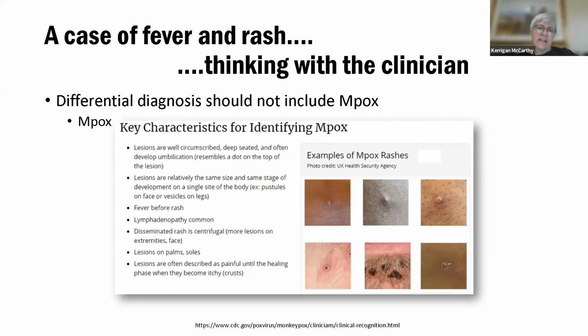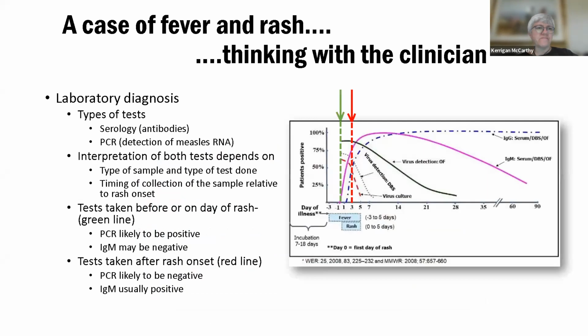The classic population that is affected by Mpox are adults, usually sexually active and more often male than female. And so Mpox is unlikely in children and looks very different to measles.